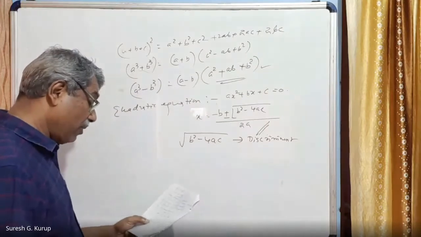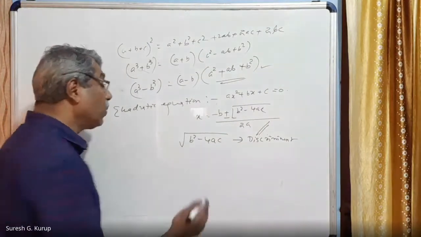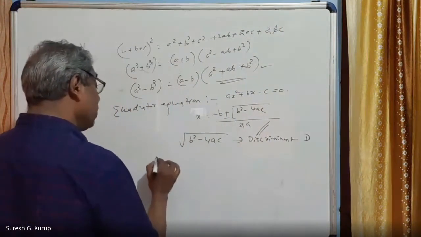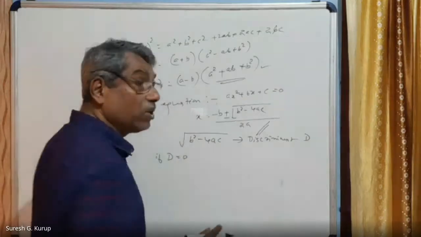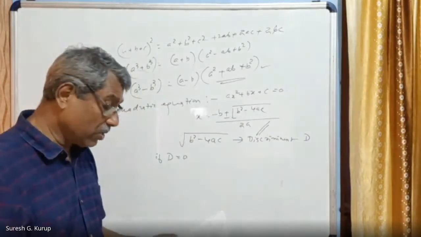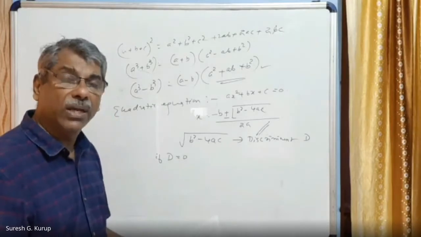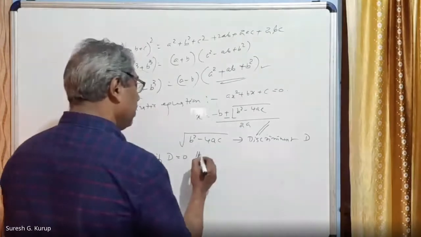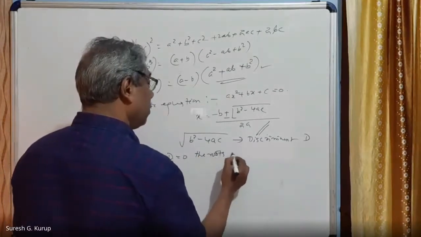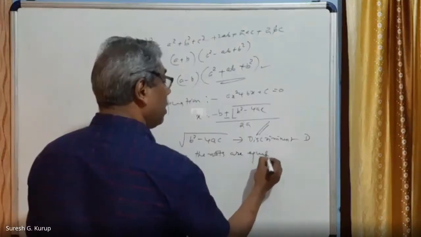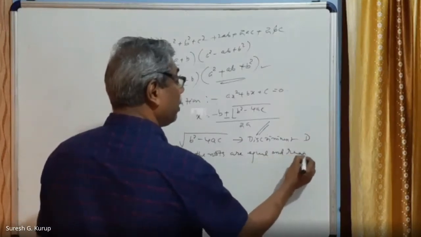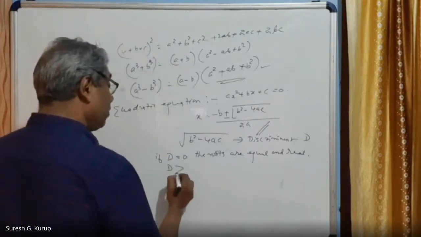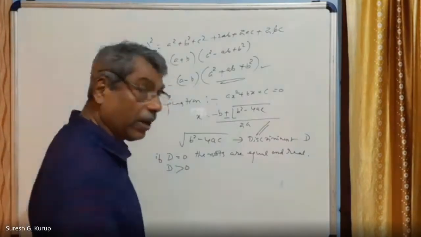Suppose I take b² − 4ac as equal to D. If D is equal to 0, then the roots are equal and real. If D is greater than 0, the roots are real but unequal.